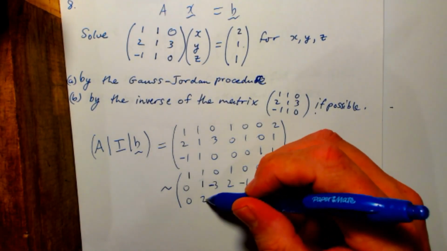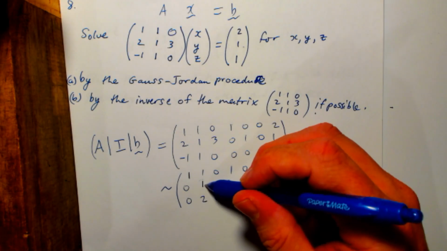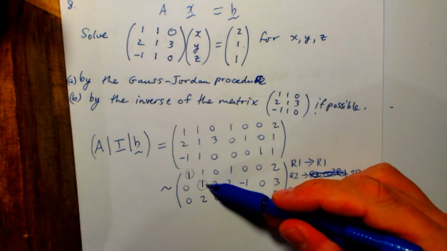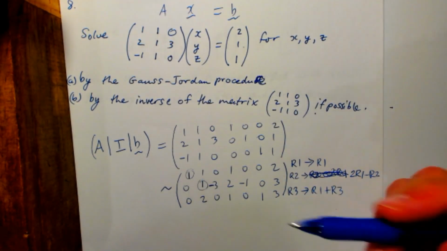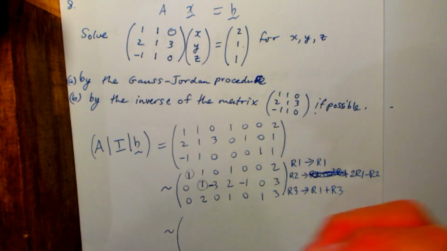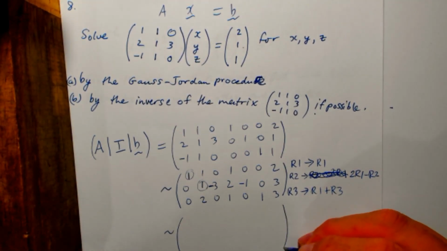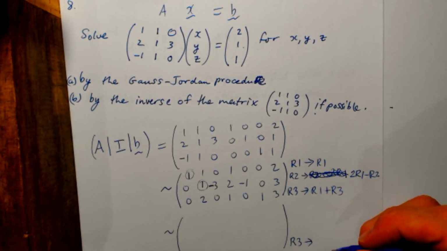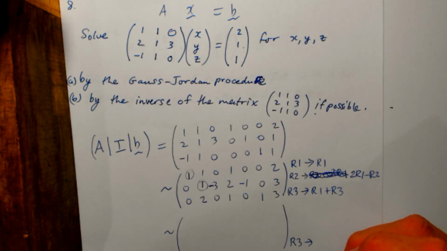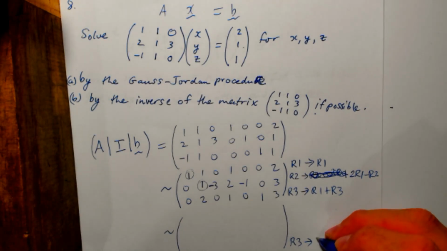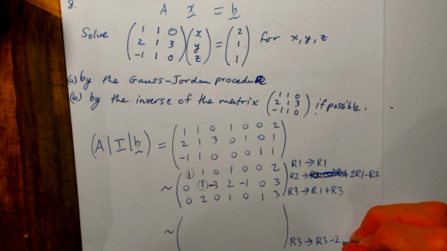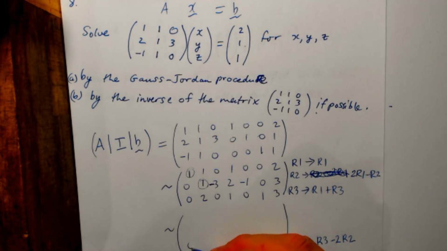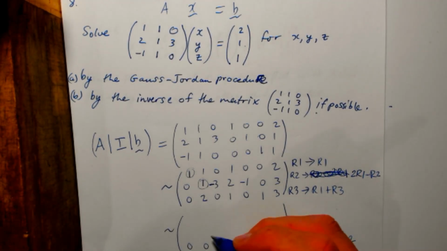And so we want to get a 0 down below our second pivot. So we've got a pivot there and a pivot there, right? This is our second pivot. We want 0 below it. So now we want to replace row 3 with row 3 minus 2 times row 2, so that we get a 0 below that second pivot.